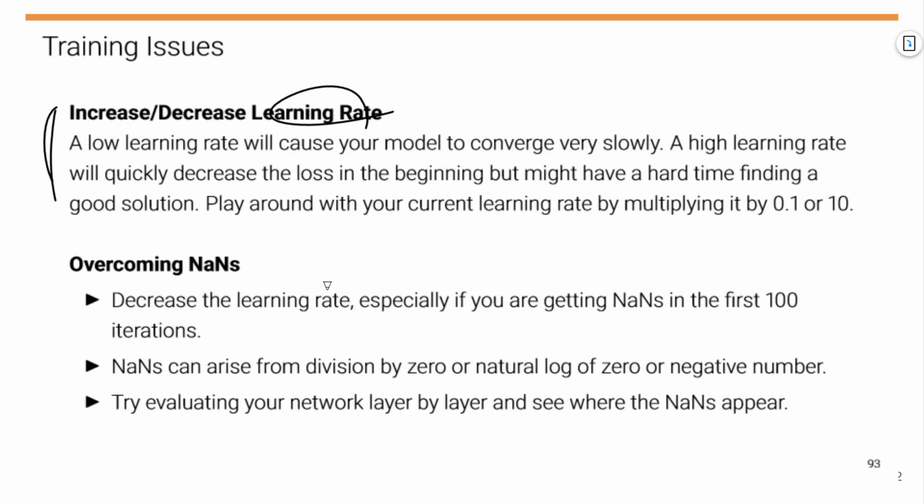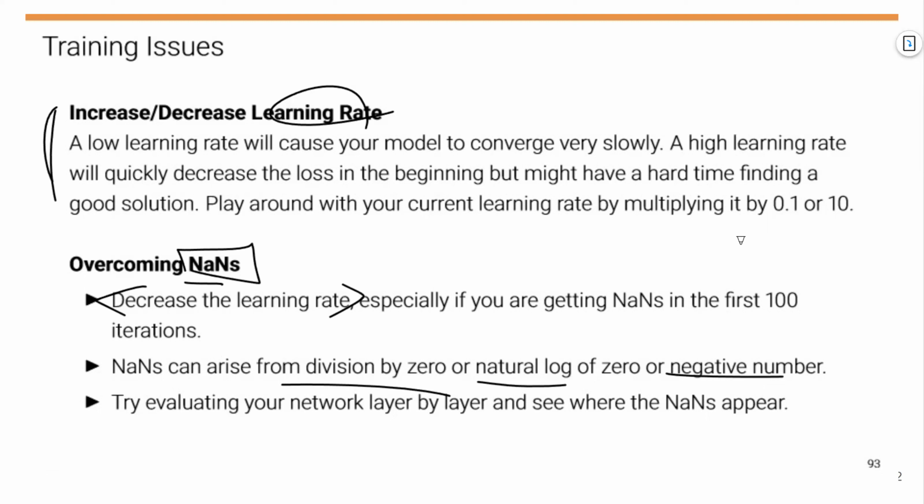And when you're developing your AI models and actually do some coding, you might see a lot of NaNs, not a number. I've seen like thousands or millions of NaNs when I was doing my research. When this happens, try to decrease the learning rate, or this could happen from division by 0 or natural log of 0 or a negative number.